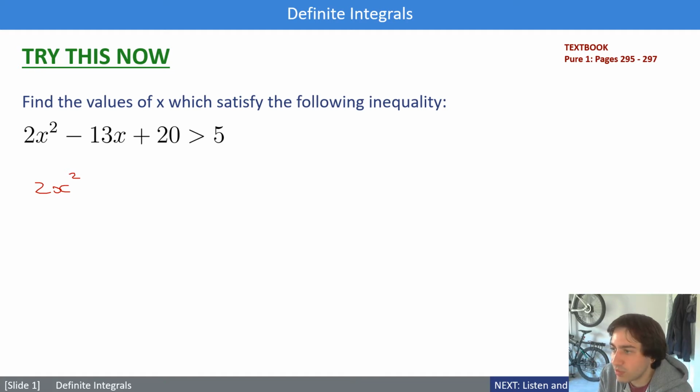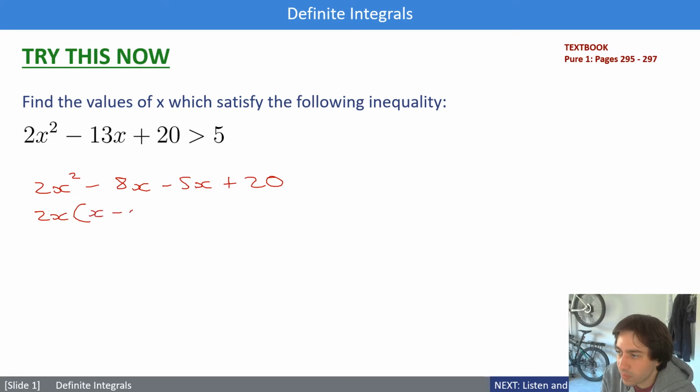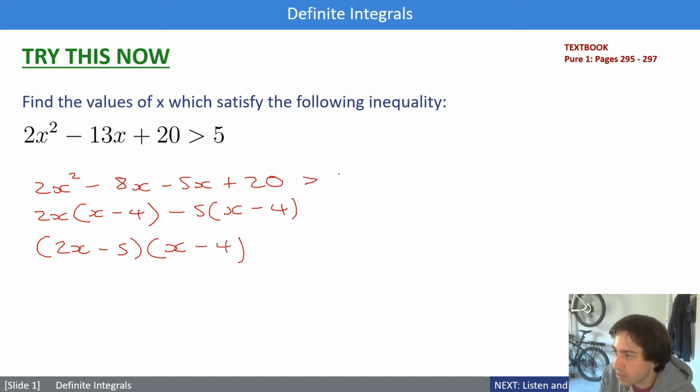It seems like 5 and 8 will allow us to factorize this quadratic. So we end up with the following. And that seems to be working. So the quadratic is the same as this expression here, factorized. Let's not forget the inequality, it's greater than 5.